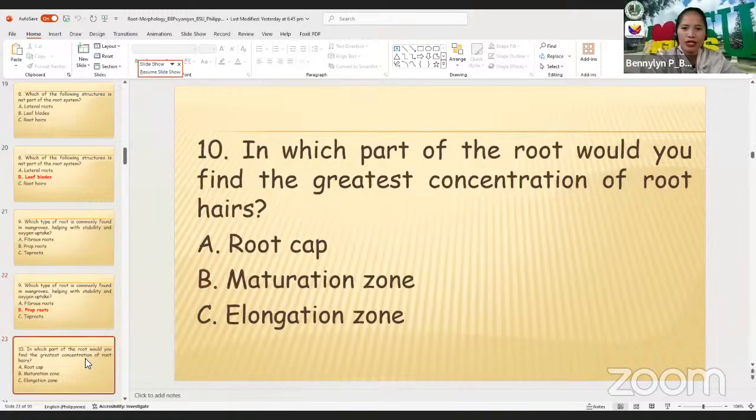Lastly, in which part of the root would you find the greatest concentration of root hairs? Is it A, root cap, B, maturation zone, C, elongation zone? You can chat your answer.